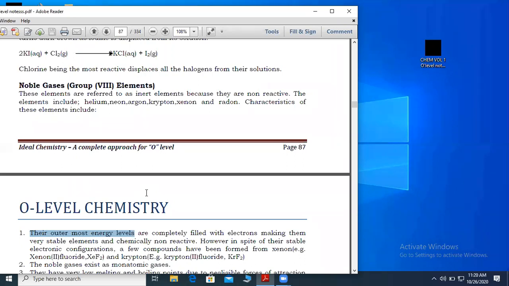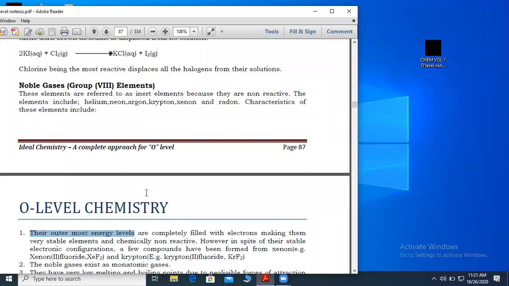When an atom loses its outermost electrons, or gains an electron in the outermost shell, that's when a reaction takes place. So for group 8 elements, it means in the outermost energy level, they already have 8 electrons.